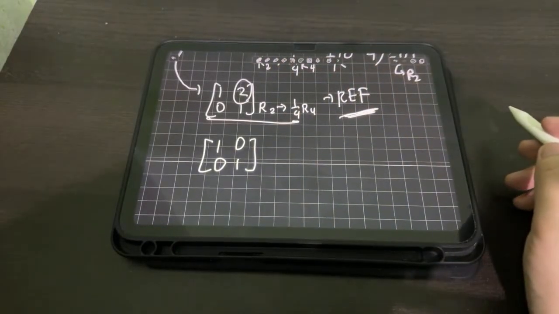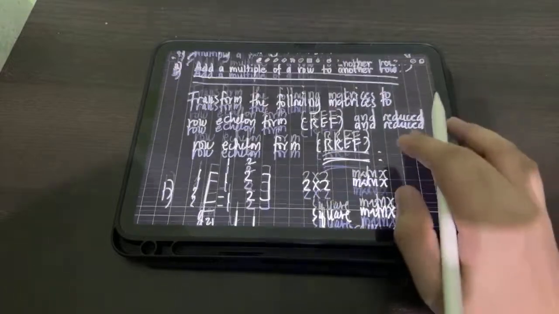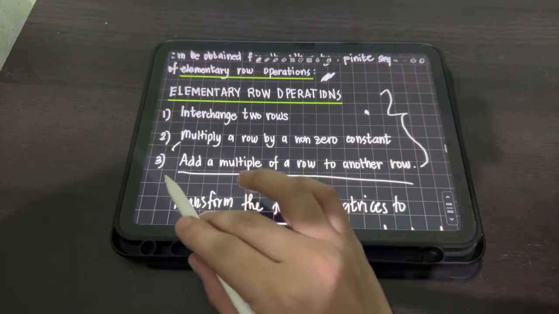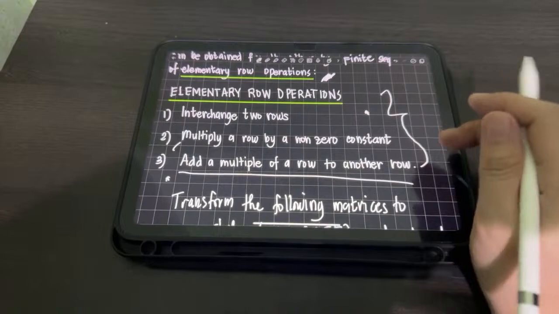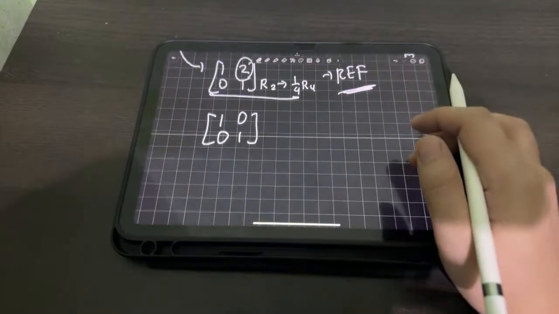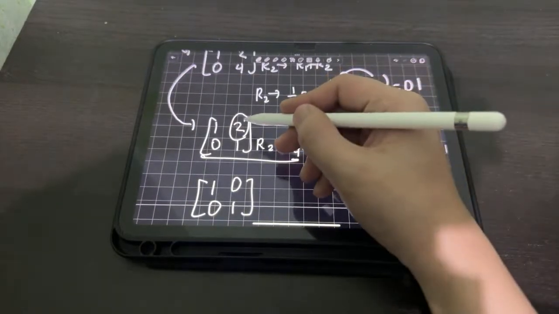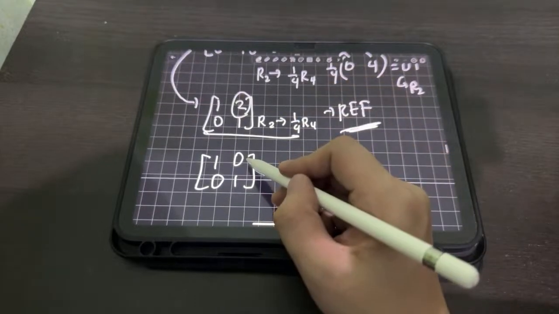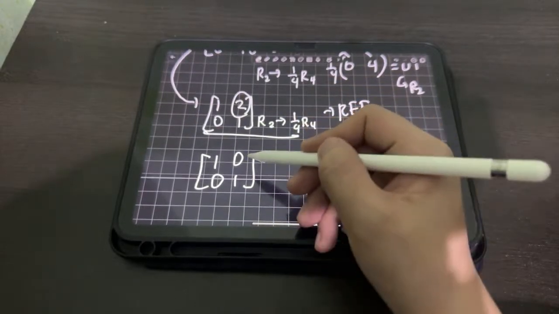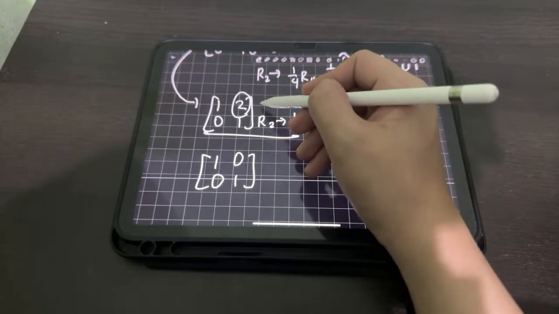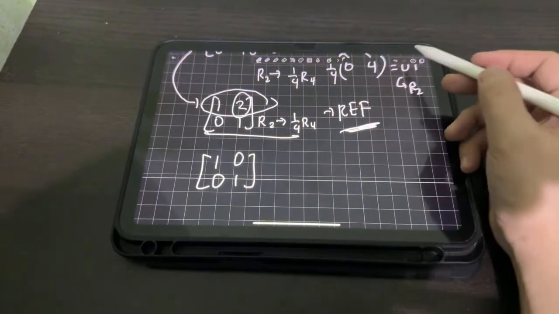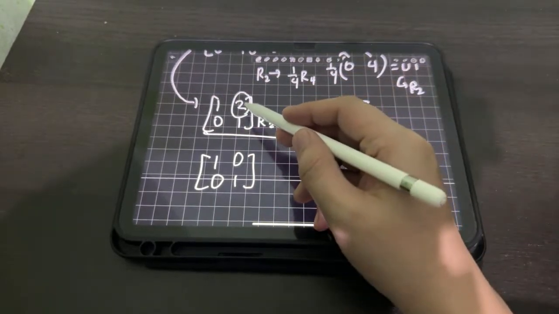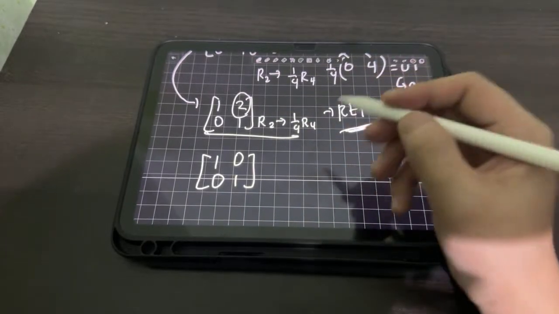How? By applying elementary row operation 3. Add a multiple of a row to another row. So how can we obtain 0 from 2 in this entry of the matrix? How can we make this 2 become 0?